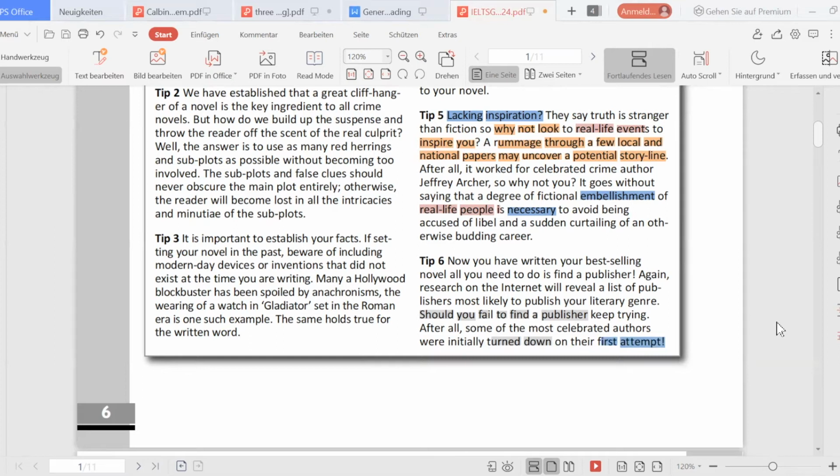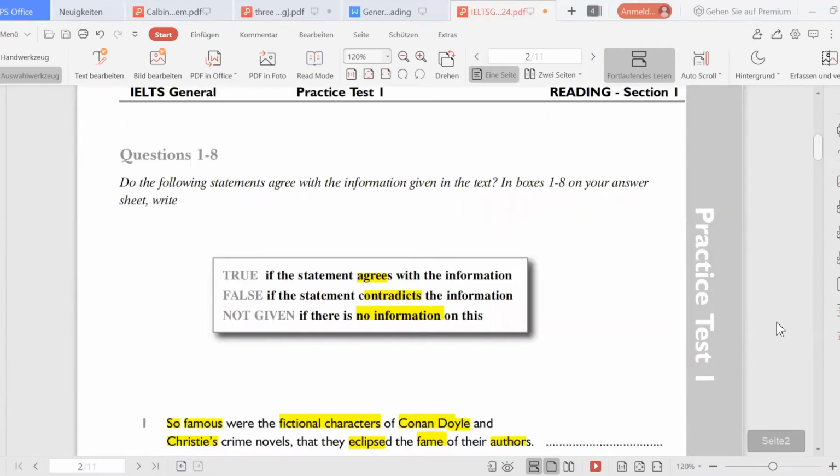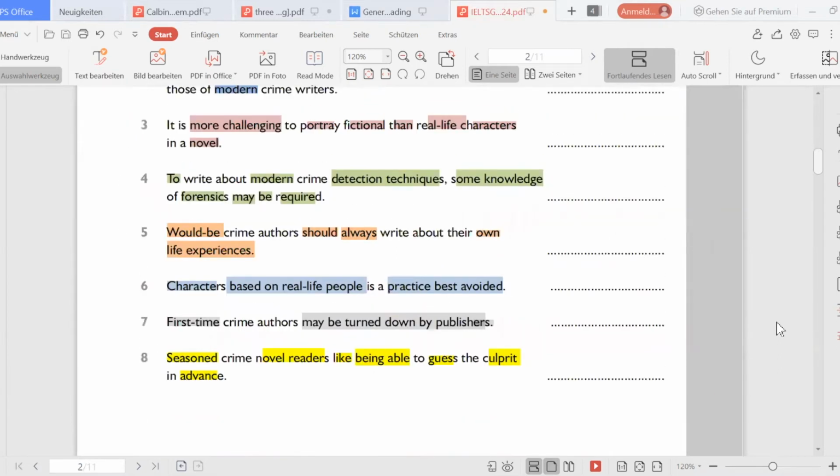So the statement is actually true. Statement 7 is true because you may be turned down and it can happen, which is the should. So the may is expressed by the word should, these 2 modal verbs.